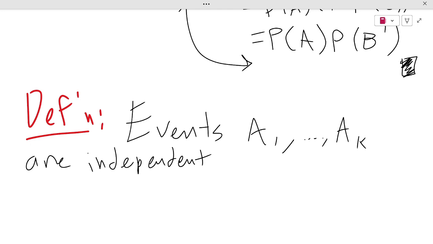independent. This is going to be a weird way of writing it, but it'll make more sense hopefully after I explain it.